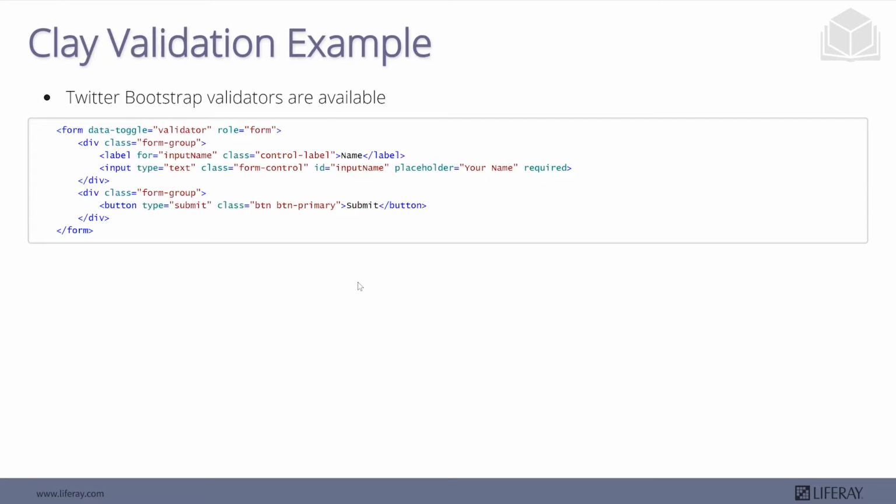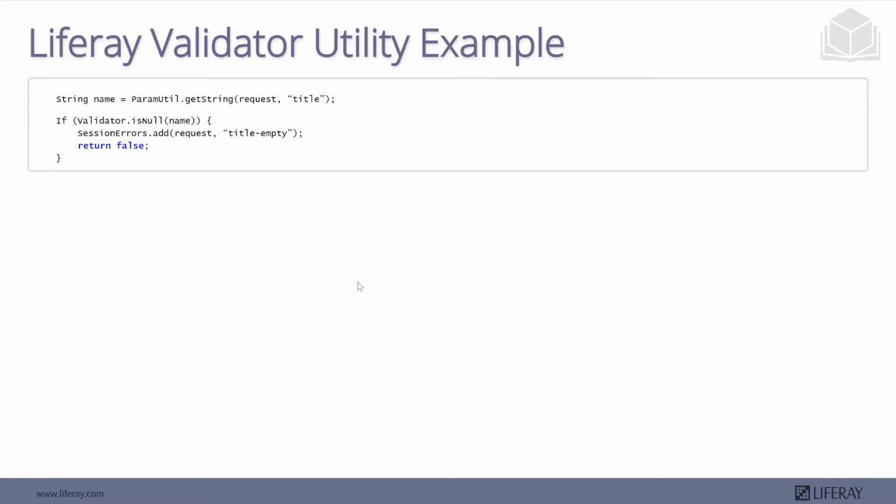Now, using Clay, we can also use validation as well. Behind the scenes, Clay is built on top of Bootstrap, so there is the Bootstrap validator made available to us. Using the Liferay utility class, I should say, we can use the validator there as well, using different methods, ensuring that whatever it is that's entered is valid.